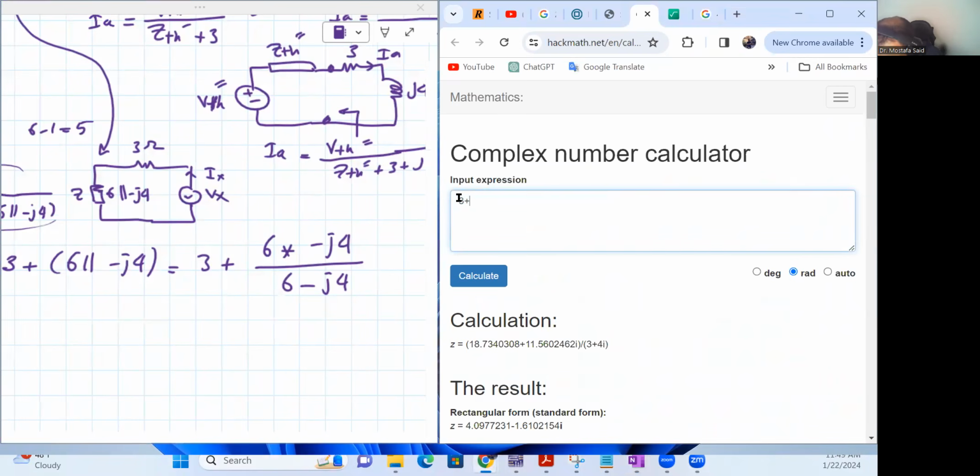Let's remove that 3 plus. This big term is a fraction term. Put it in parentheses. Be very careful when you use this. So we have here a fraction. So put a parenthesis for the numerator, a parenthesis for the denominator.